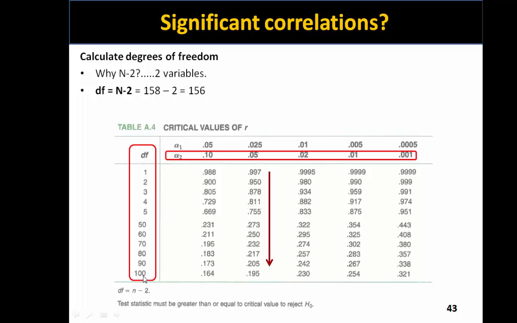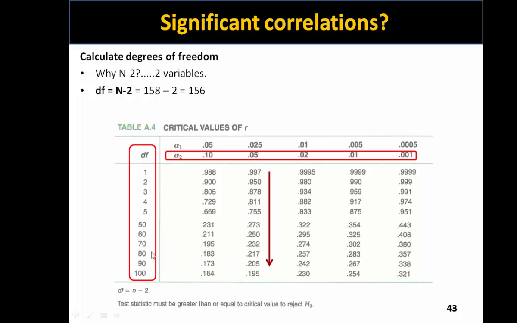So this table only goes up to 100. Note that our degrees of freedom calculated was 156. That's off the table. But we take a look at that correlation coefficient regardless. We see that our correlation coefficient, for it to be statistically significant, must be at least 0.195 or greater. If it's less than that, then it's not deemed to be statistically significant.